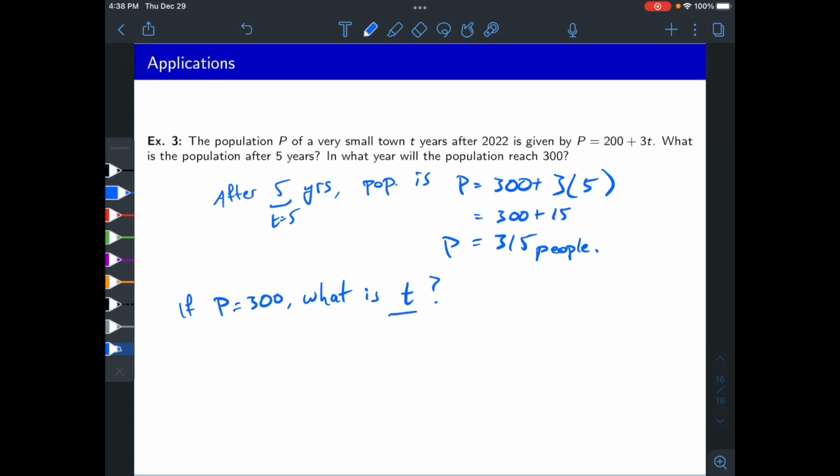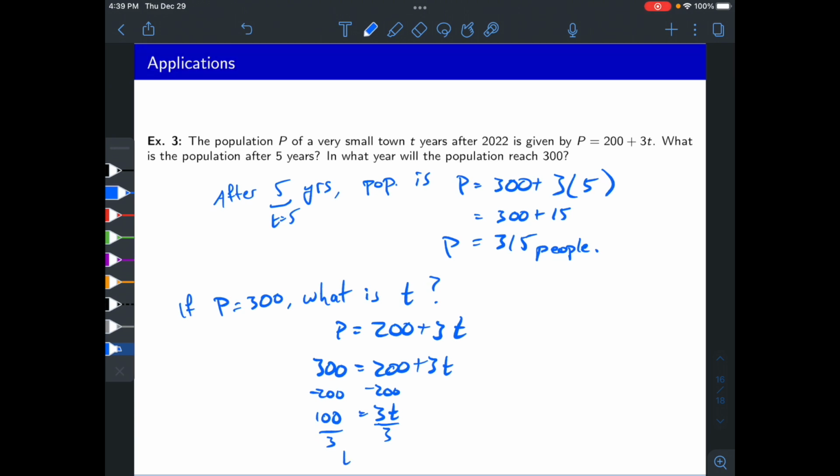This is subtly not exactly the right thing that we need to answer this question, but I'll get to that in a second, but this is good enough for now. So for P equals 200 plus 3T, we just want to replace P with 300 and then solve for T. So let's subtract 200 on both sides. We get 100 is equal to 3T, and then divide both sides by 3. So then T would be equal to 100 over 3, which is like 33.3 repeating.